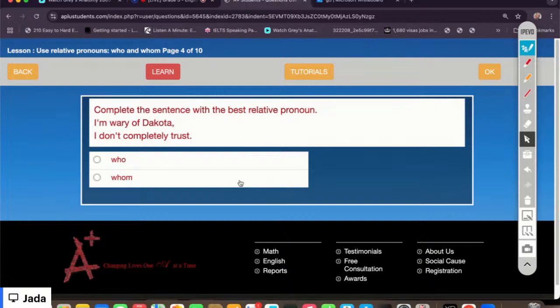I am wary of the auditor dash I don't completely trust dash. So what is the right pronoun here? Relative pronoun.